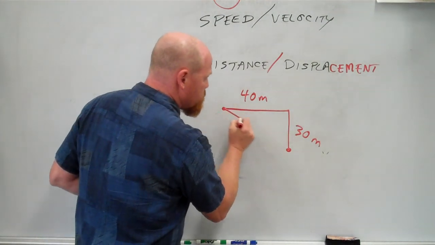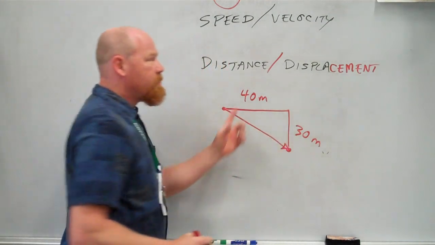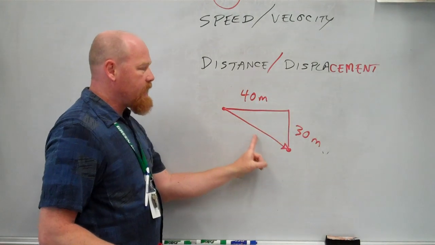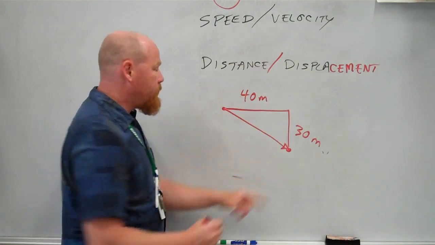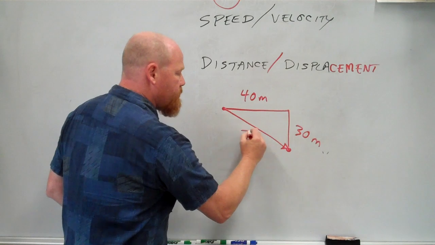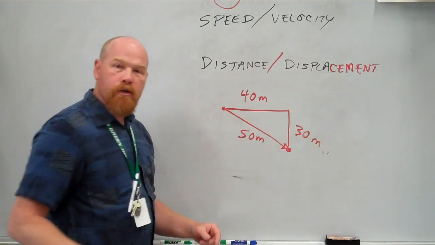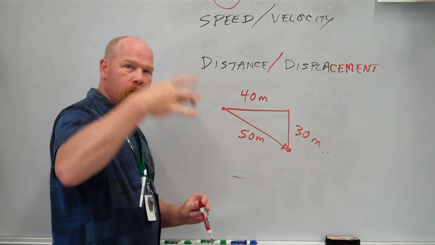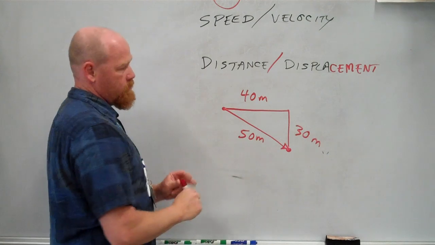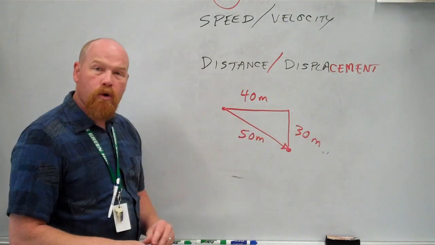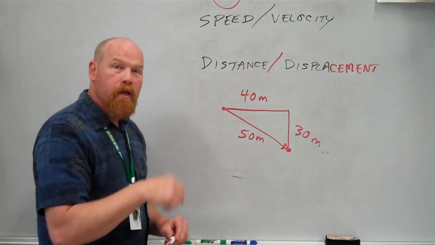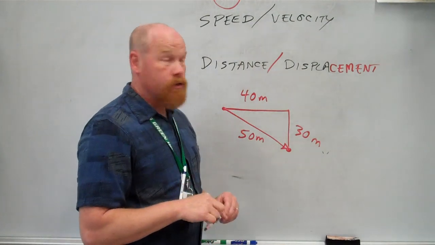Good. Your displacement is a direct vector, straight line measurement from start to finish. So that would be 3, 4, 5. That would be 50 meters to the southeast. Southeast, okay? And you can figure this out by a squared plus b squared equals c squared. Good job.